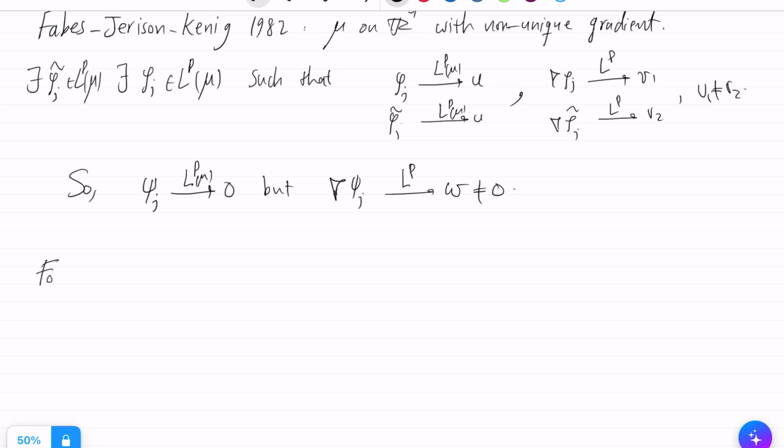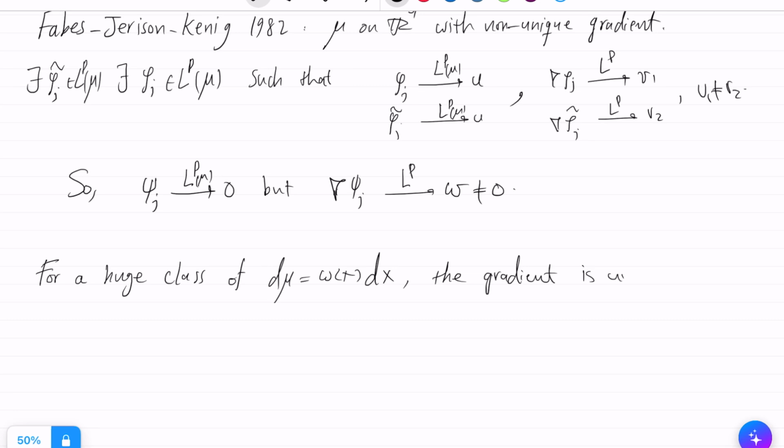For a huge class of weights, so that means measures that come in this formulation, the gradient is unique. And that class includes AP weights, if you are familiar with that.